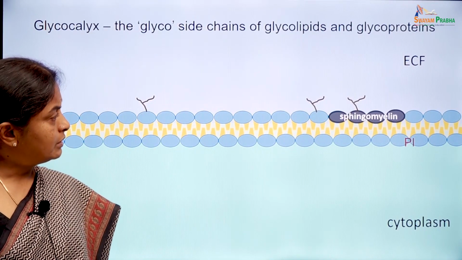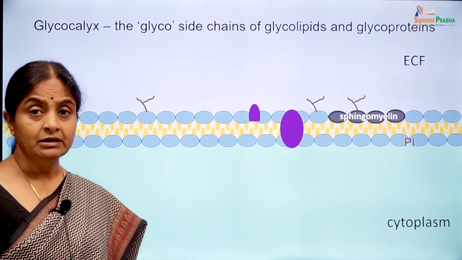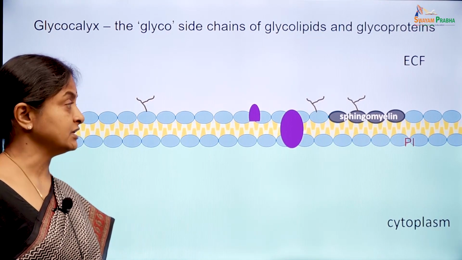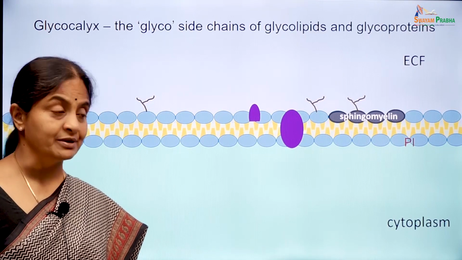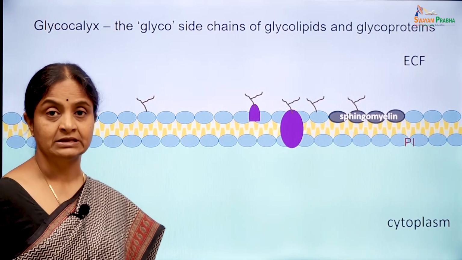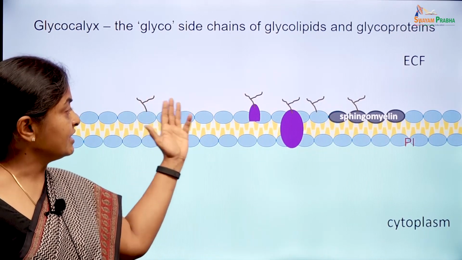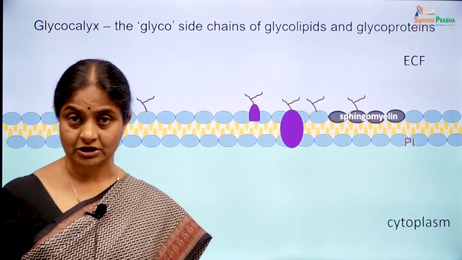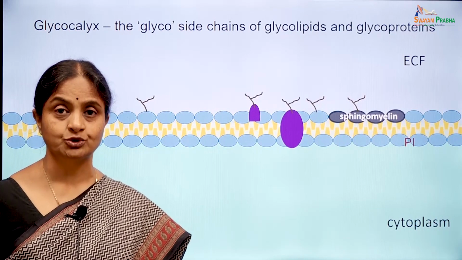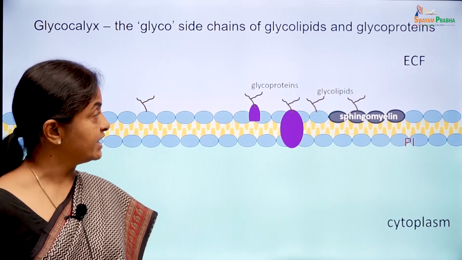Now, not only the lipids in the outer leaflet, but also the cell membrane proteins can have this glycoside chain. And we refer to the glycoside chains of glycolipids and glycoproteins together as a glycocalyx.